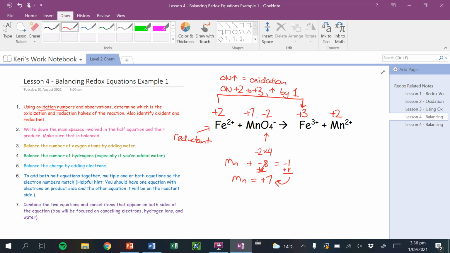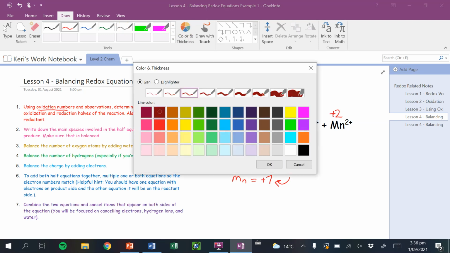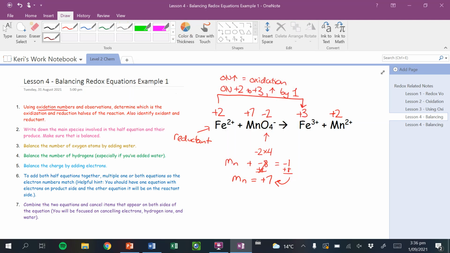All right, the second thing that I'm looking at, I'm just trying to think if I can grab a different color, maybe a different red. So we're still in that first step. What I'm looking at here is my oxidation number for manganese going from +7 to +2. So that is a decrease by 5.